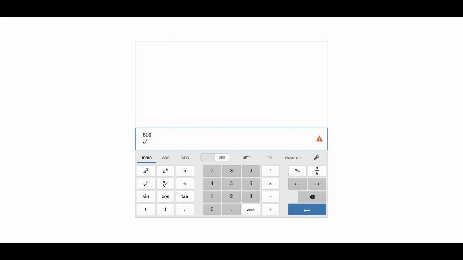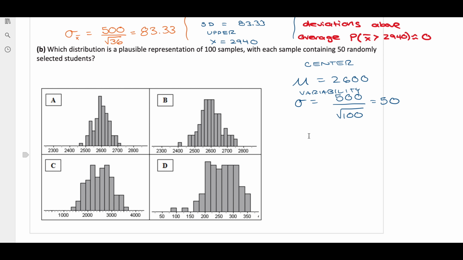So I'm looking for a distribution that has a center of 2,600 and variability of 50. So I'm looking for something that is bell-shaped, centered at $2,600. And then if I go up, this should be 2,650, this should be 2,700, and the very max probably should be 2,750.